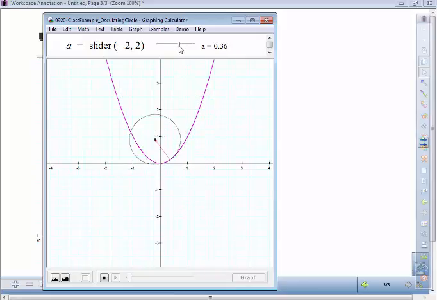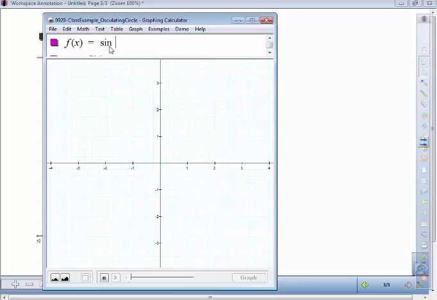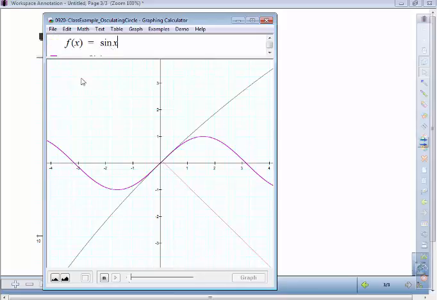Pretty cool, huh? The way things work in math, if you just use symbols, you can change one little thing and it'll follow the changes. So for example, instead of using the x squared function, if we want to look at the sine function to see how the tangent circles work there, let's check it out.